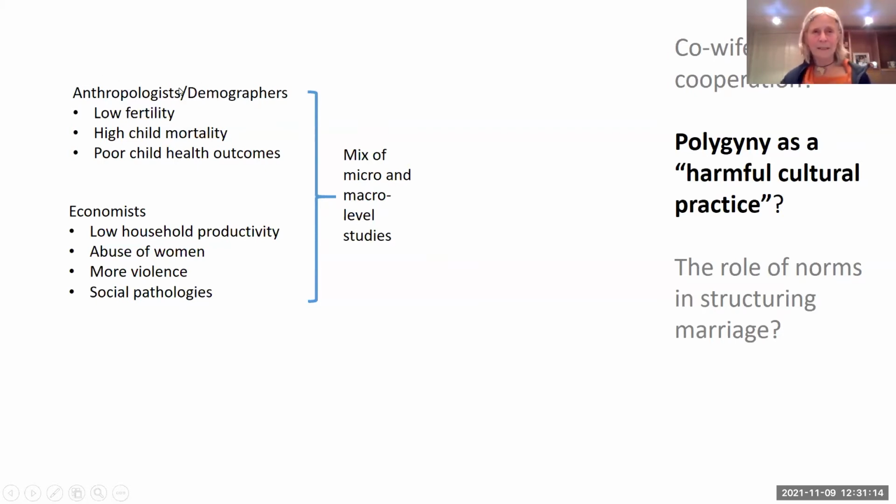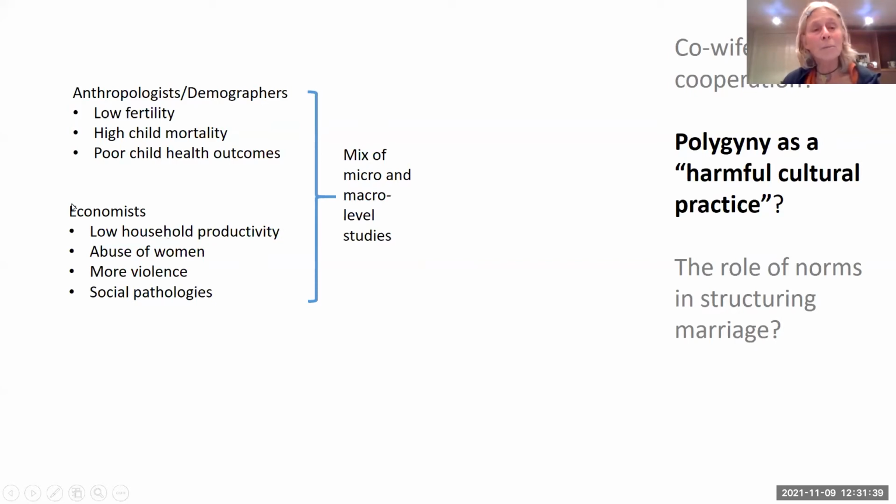I said I'd talk about this earlier, that there's a lot of studies showing that polygynous women have lower fertility than monogamous women, unlike in the Kipsigis, that they have higher child mortality and generally have poor child health outcomes and also poor maternal mental health outcomes as well.